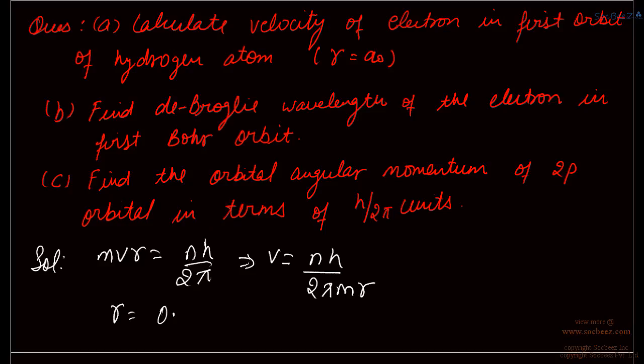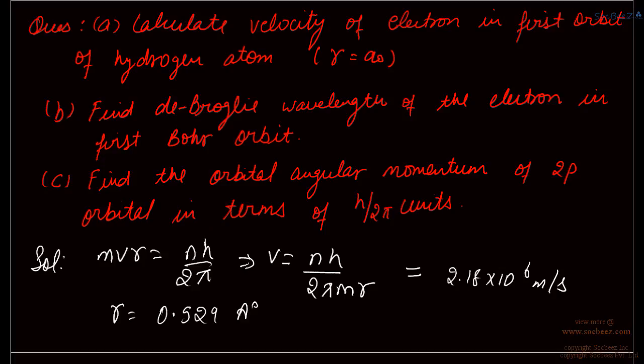The value of r is 0.529 angstrom, and n equals 1, and we know the value of m. So if we apply all these constants, the value of v comes out to be 2.18 into 10 raised to the power 6 meter per second. Okay, so the first part has been solved.